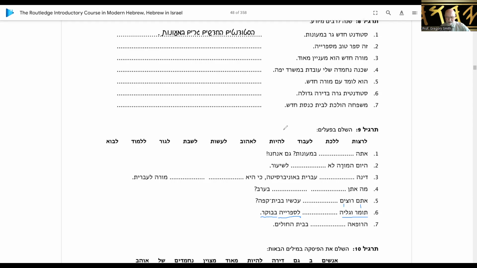So what are they doing? I bet you it's going to be go to the library. So it's going to have something to do with this one here. I wonder if it's boim. Tomer Vegalia, boim, labiblioteka, baboker.